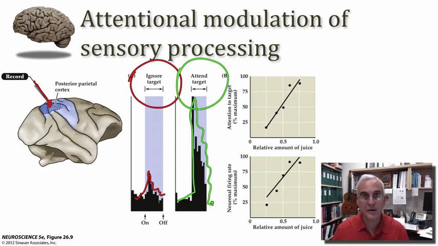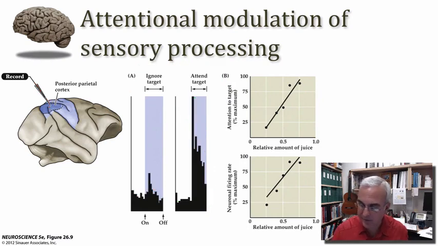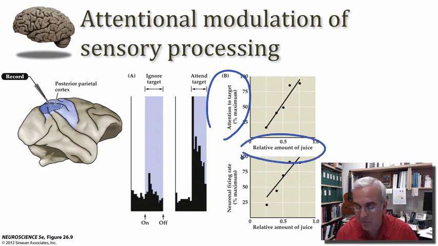So what we see by various behavioral measures is that this animal is directing attention to a particular stimulus, and that attention can be measured in terms of the amount of time that the animal is dwelling on the target, as well as the amount of reward that the animal receives for doing the behavioral challenge that the experimenters have put forward.